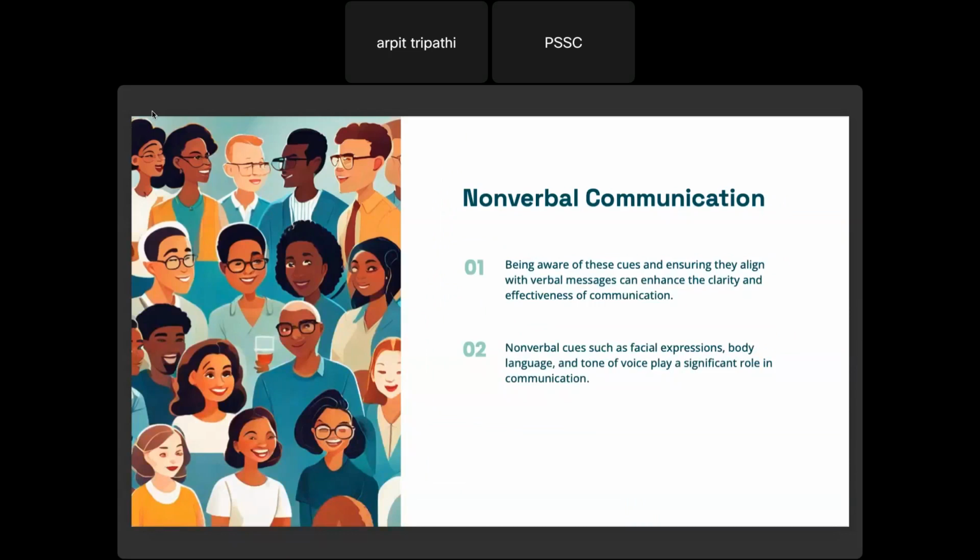So, dear teachers, it is very important to understand the role of empathy and understanding in a student-teacher relationship, because at times we do not focus much on this, but it keeps on affecting.